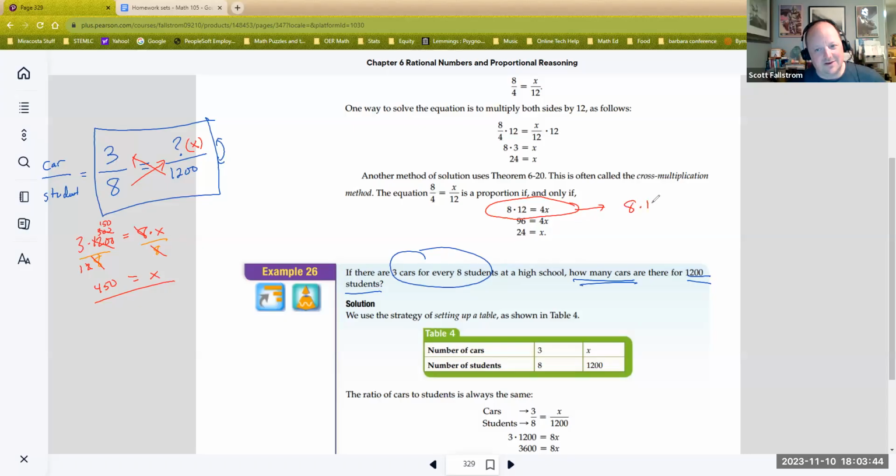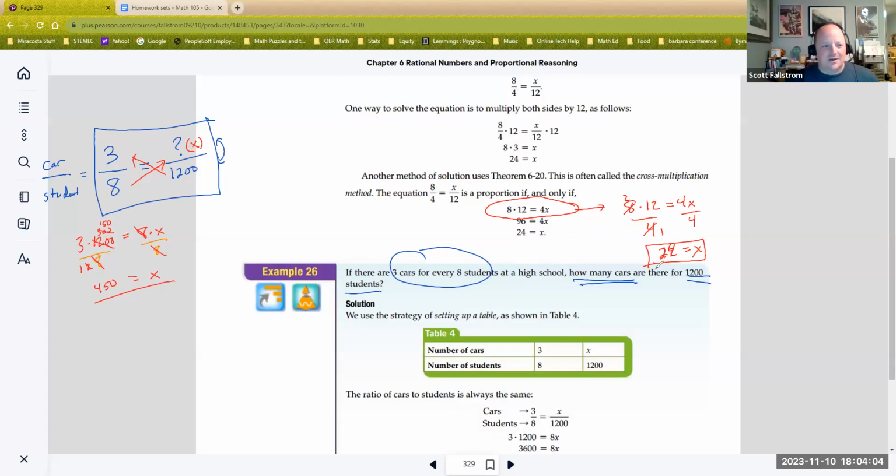I would leave it as 8 times 12, then divide by 4, because I can see 4 goes into 8 2 times, and then the multiplication is 2 times 12. So I end up with 2 times 12 is 24. So I end up with 24 equals x.